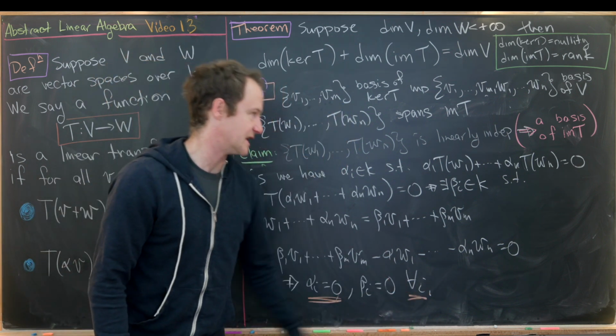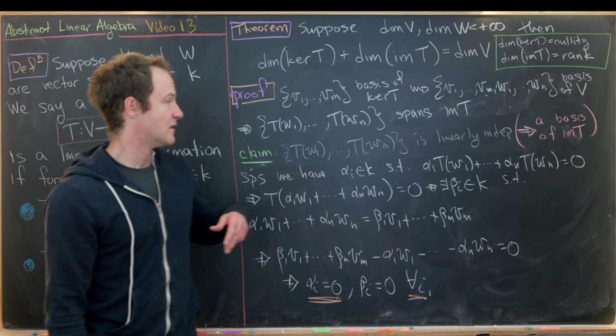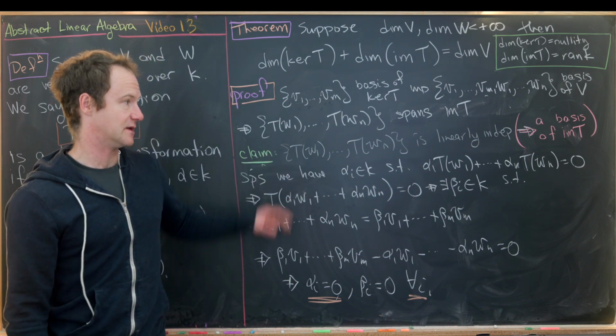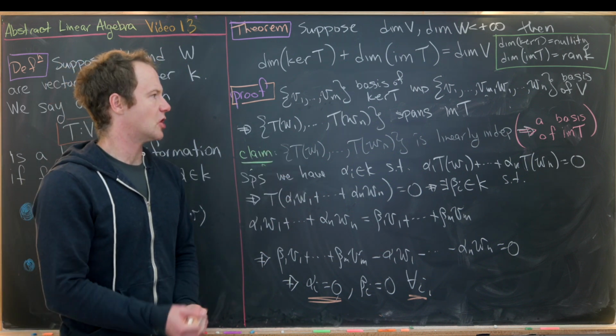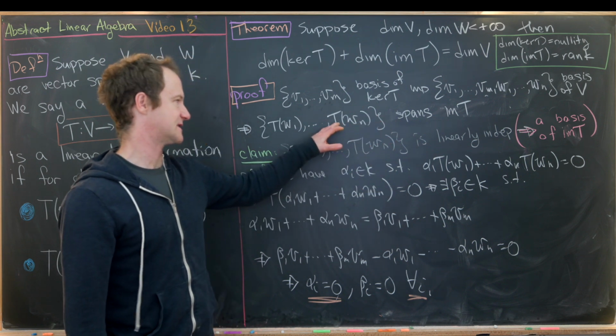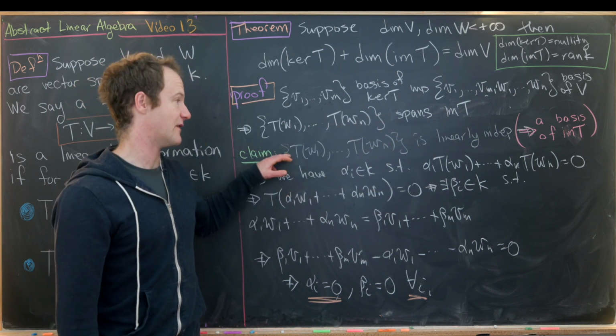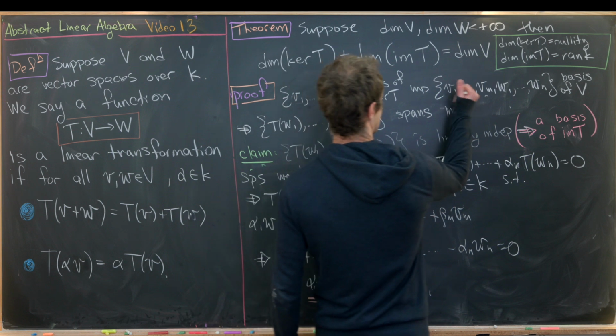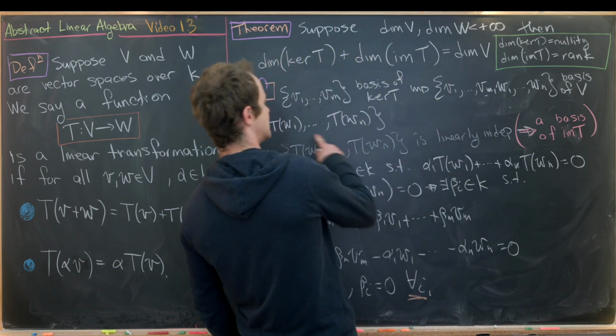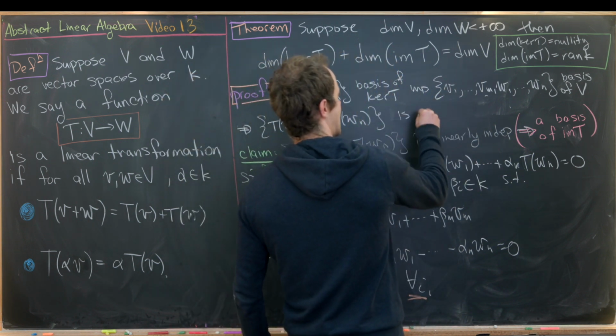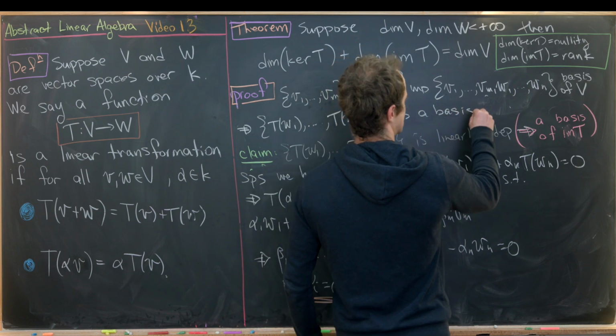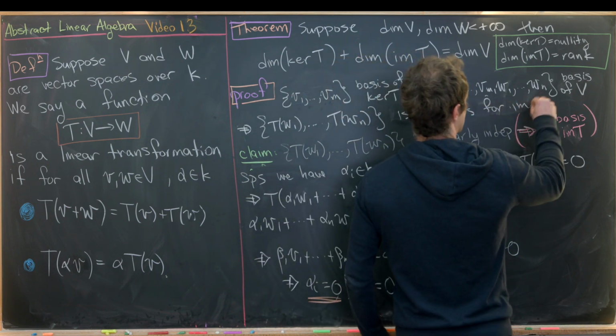That's exactly the condition that we need to meet for these to be linearly independent. Okay, so not only do we have a spanning set for the image of t, we have a linearly independent spanning set for the image of t. So that means this right here is a basis for the image of t.